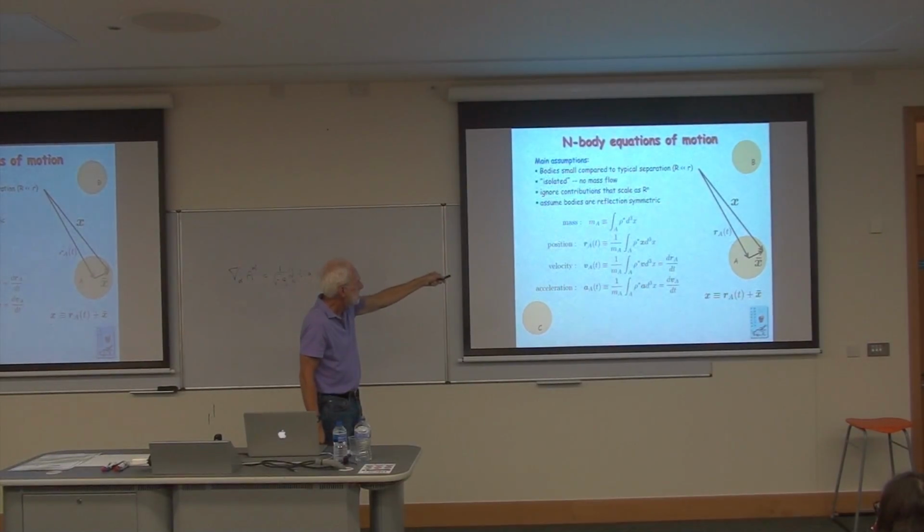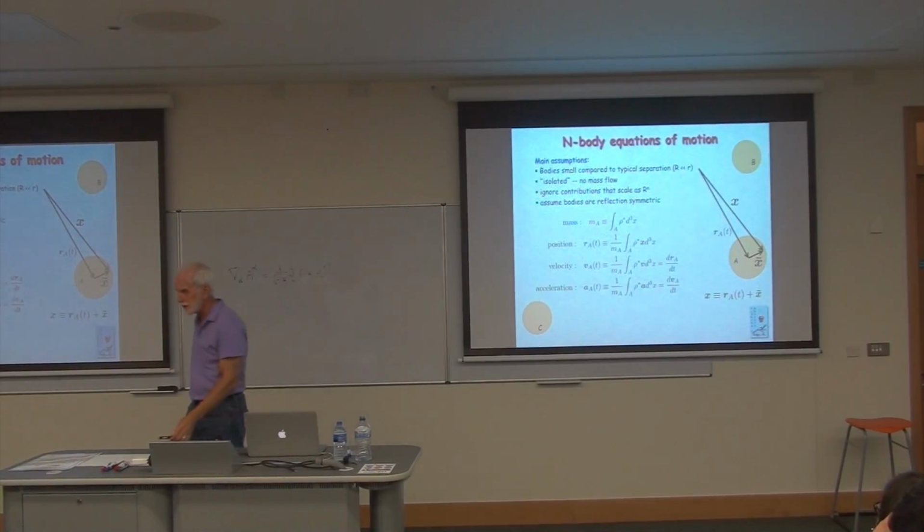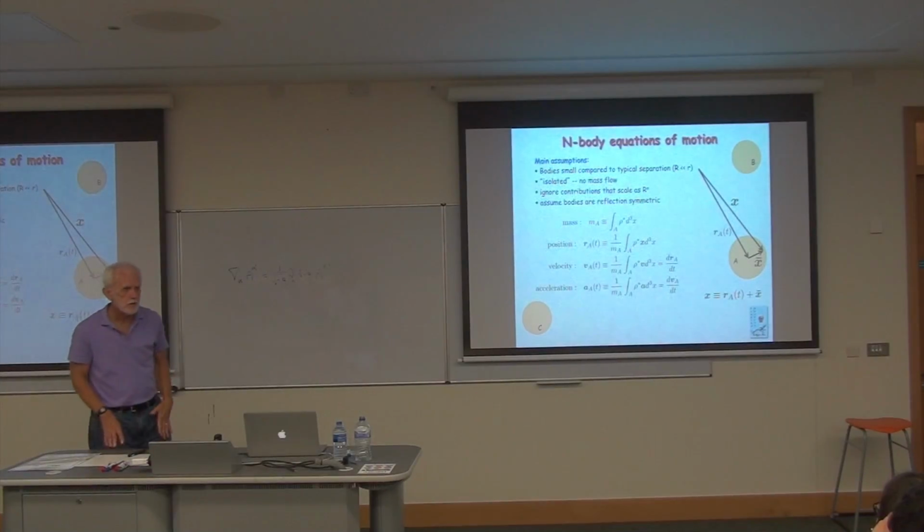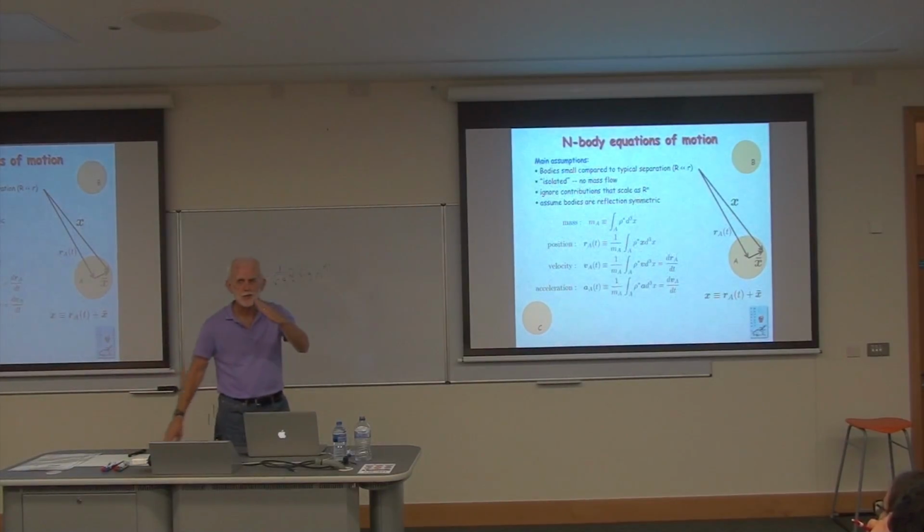And to make life simple, it will allow us to throw away certain integrals. We'll assume that our bodies are reflection symmetric. In other words, take a given body and take any plane through the center of mass of the body, and it is symmetric about that plane.